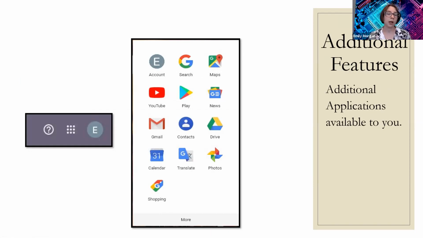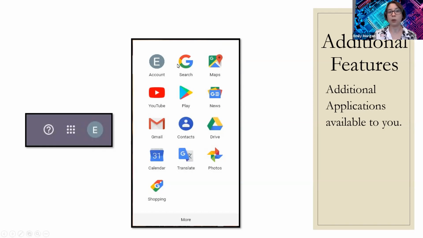So there are a couple of additional features with Gmail. You've got additional applications that are available to you through your Google account. You'll access that by clicking on this little square right here that's full of small little circles. That'll bring up everything connected to your Google account.